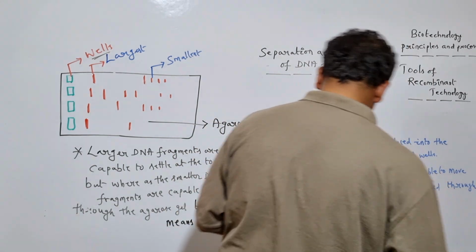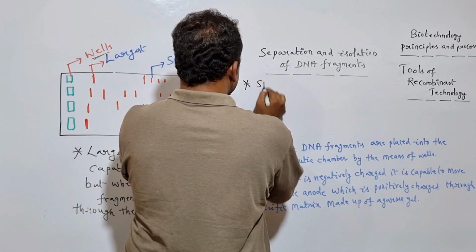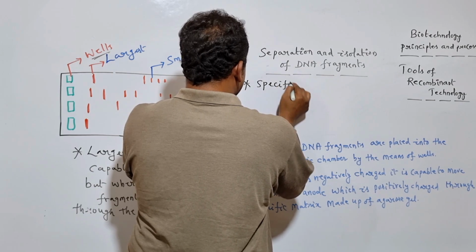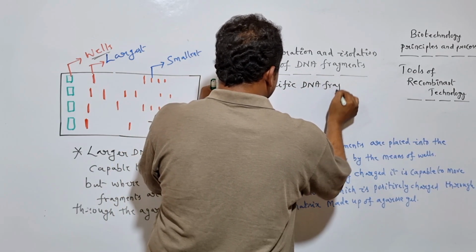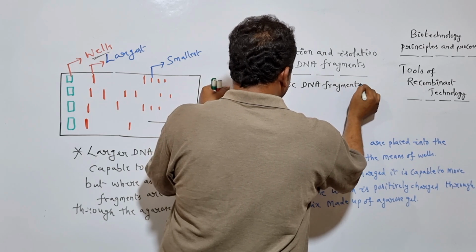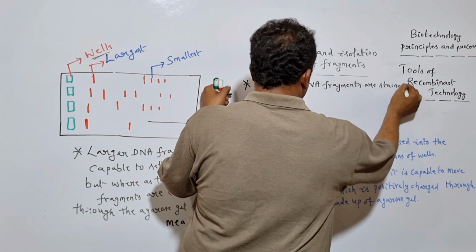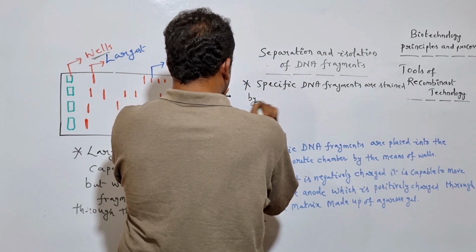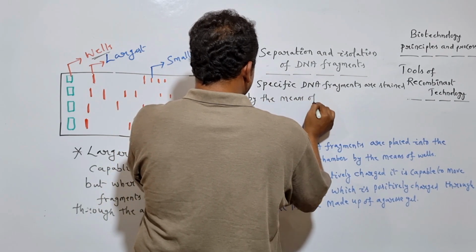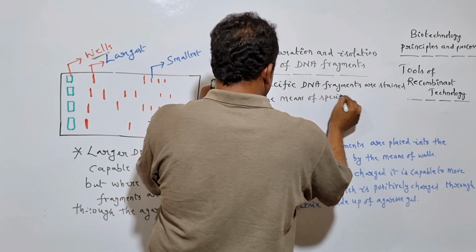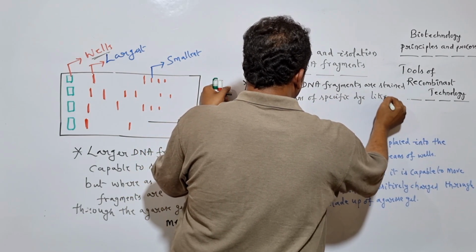Specific DNA fragments are stained by means of a specific dye like ethidium bromide.